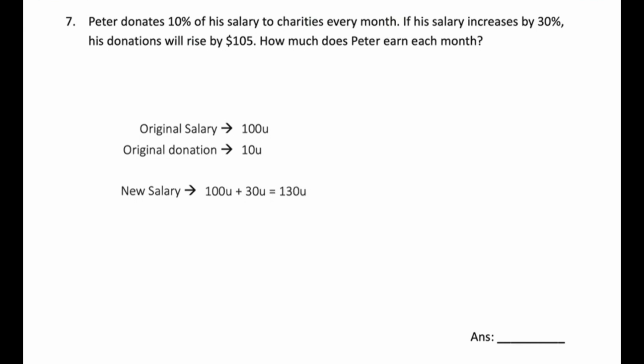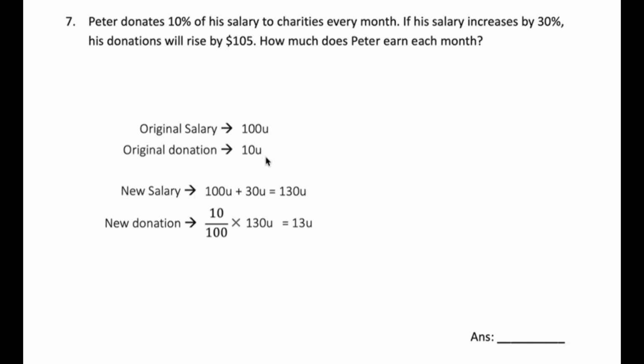Now, his donation is always 10% of his salary, right? So if his salary is 130 units, he has to be donating more, right? So it's 10% of 130 units. So 10% will be 10 over 100 times 130 units. So the donation is now 13 units.